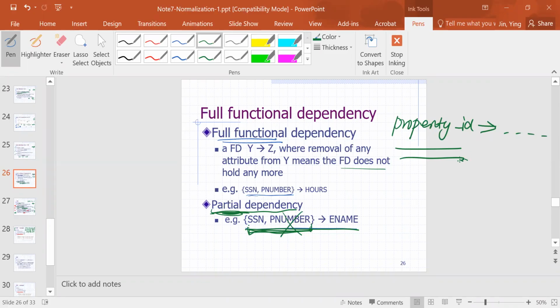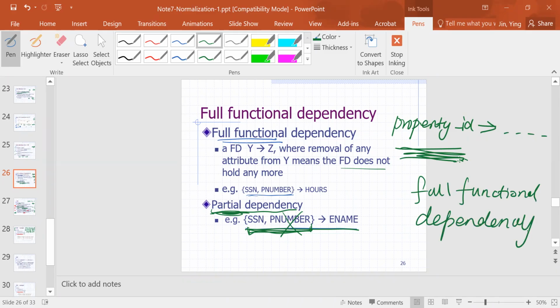So from the definition, if the left-hand side only has one attribute, then this is guaranteed to be full functional dependency. Okay, so remember this rule: if only one attribute is on the left-hand side, then it is full functional dependency.